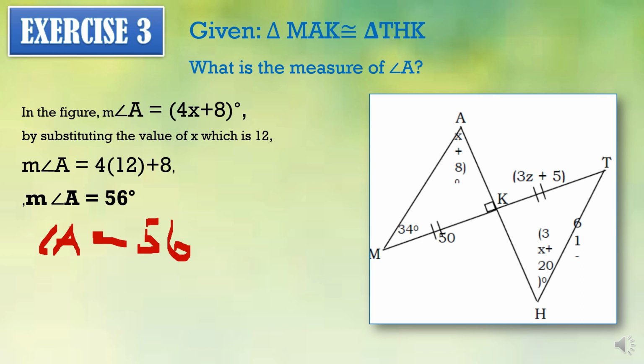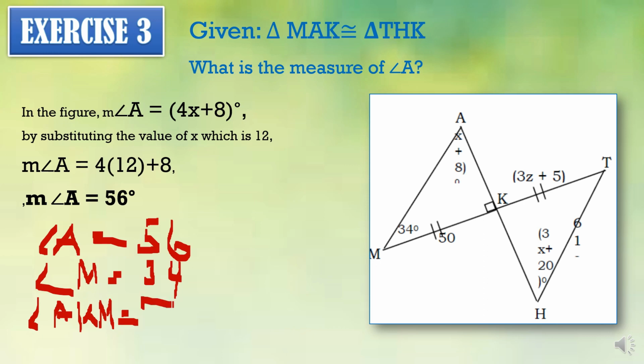Okay. Then, angle M is equal to 34 degrees. And angle AKM, since it is a right angle, therefore that is equal to 90 degrees.